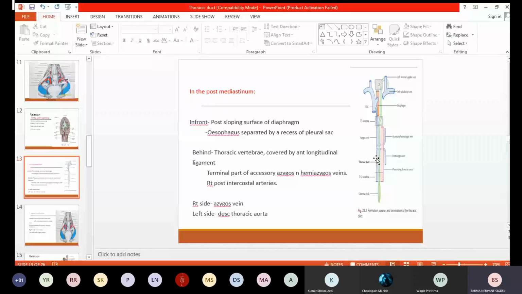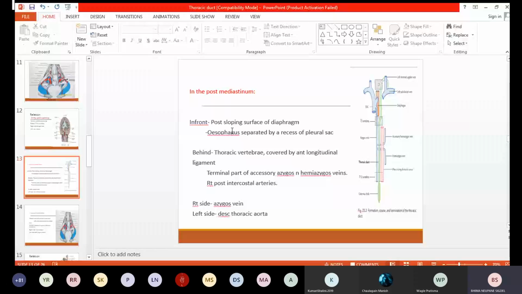So the posterior sloping of the diaphragm is related anteriorly to the thoracic duct. Along with that, as we have just mentioned, the esophagus is lying somewhat anteriorly and somewhat to the left side. So anteriorly, the esophagus will come separated by the depressed area, the recess or cavity of the pleural sac.